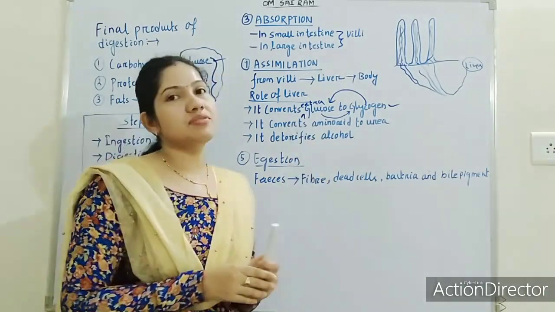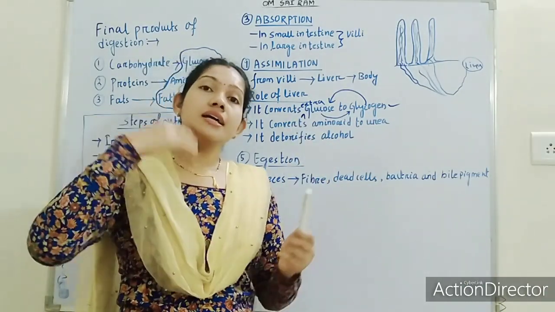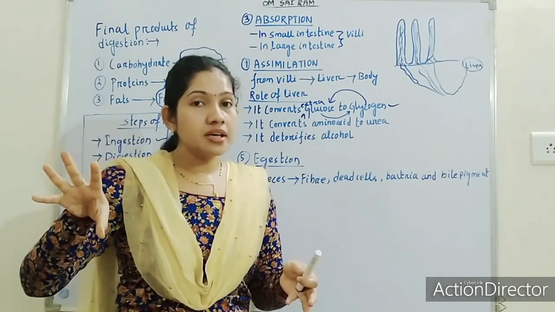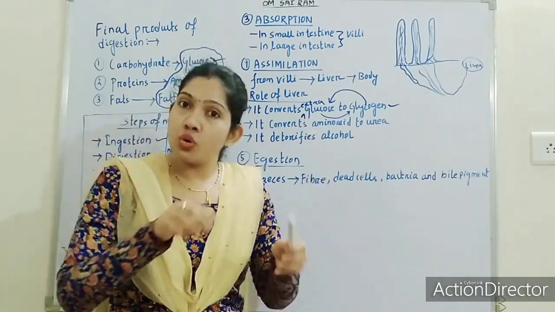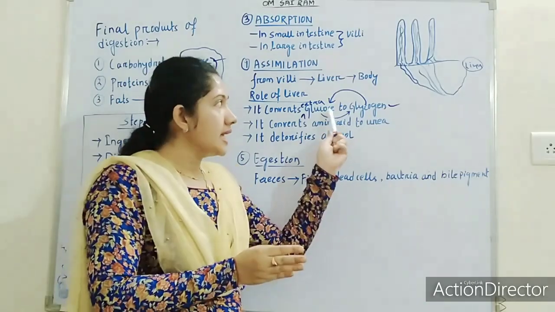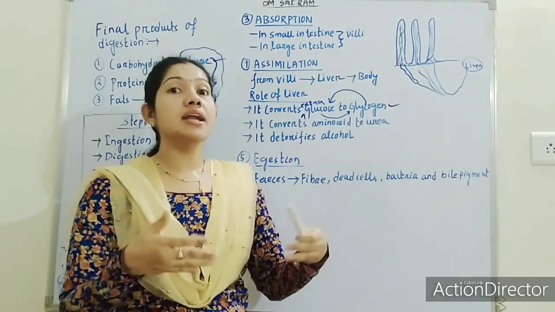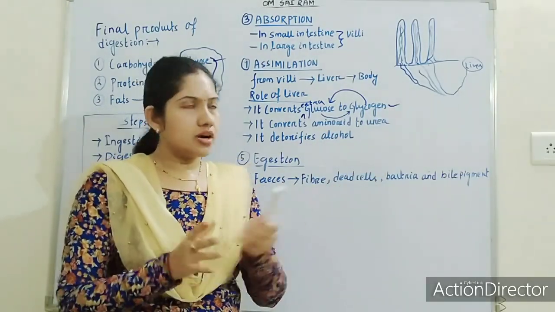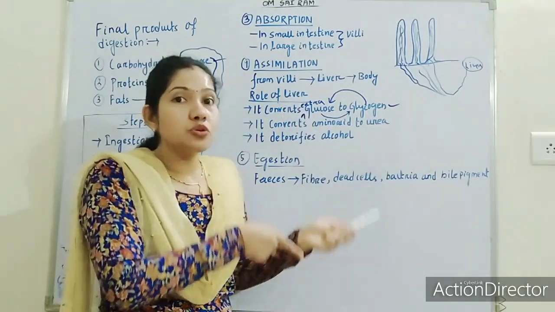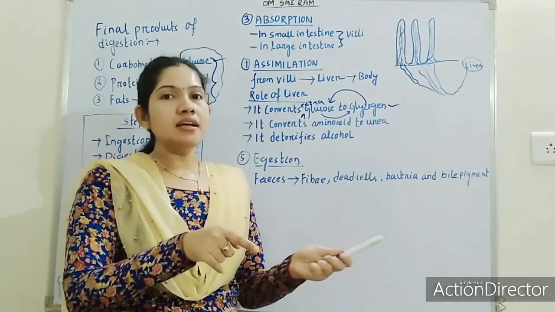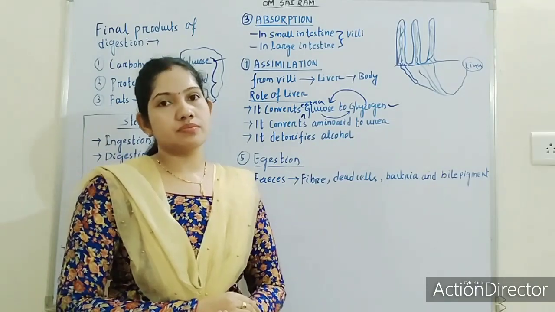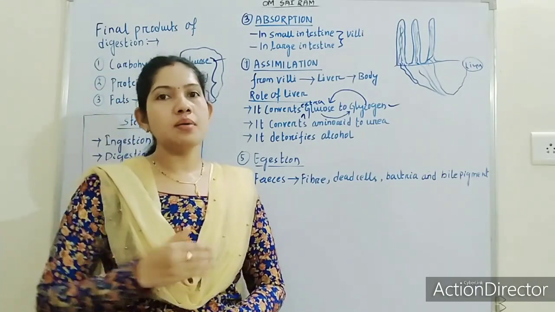That thing happens with the liver. The liver gives glucose to our body, but it also stores some amount of glucose in the form of glycogen. When our body needs, it converts that glycogen again into glucose and sends that glucose in the form of energy to our body.